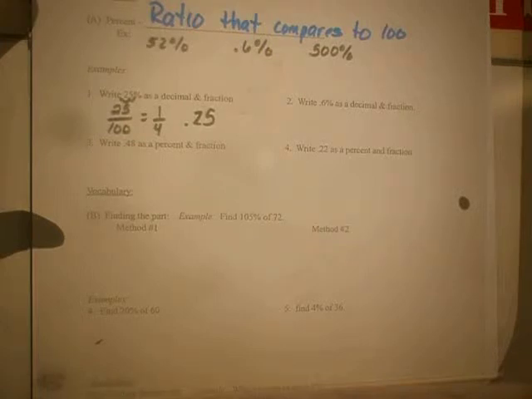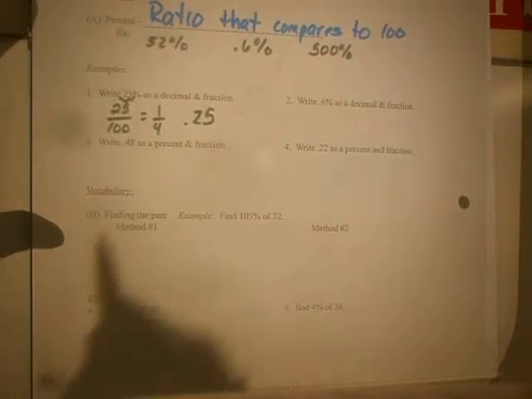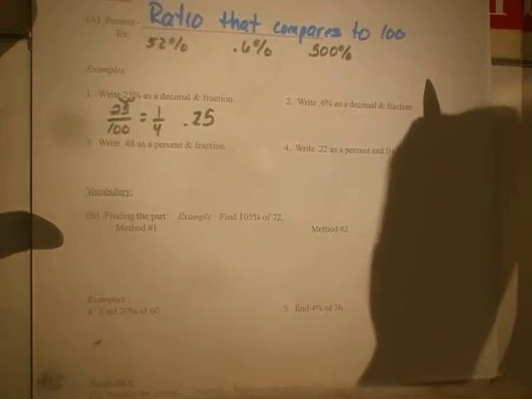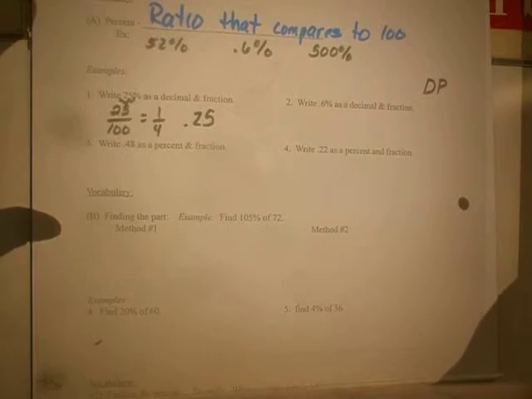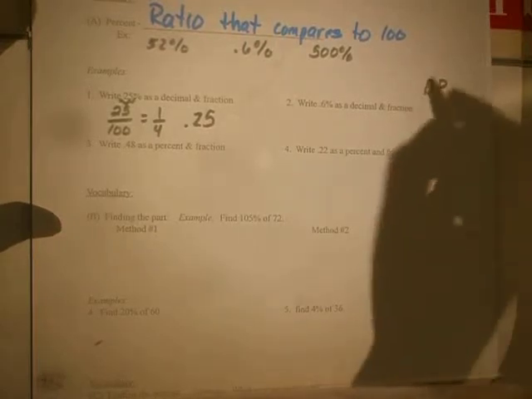If anybody forgets which way to move your decimal point when changing from a decimal to a percent, write this on your paper, DP, and that stands for decimal and percent. If you forget which order to put them in, they're in alphabetical order.